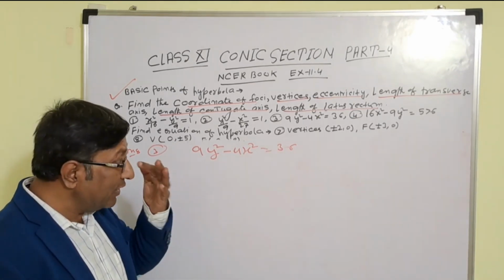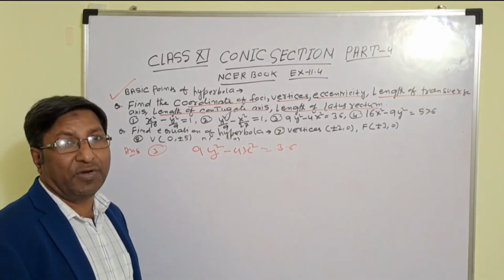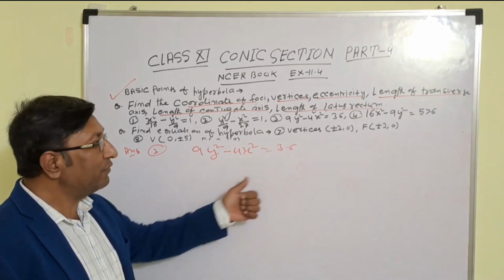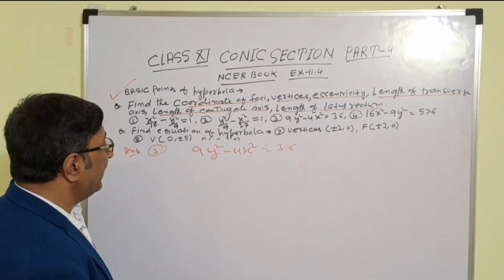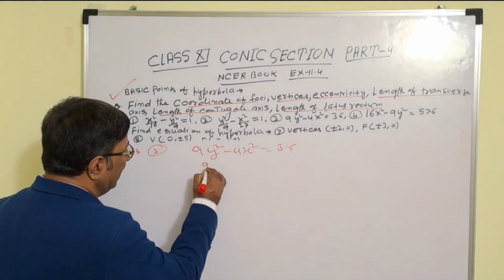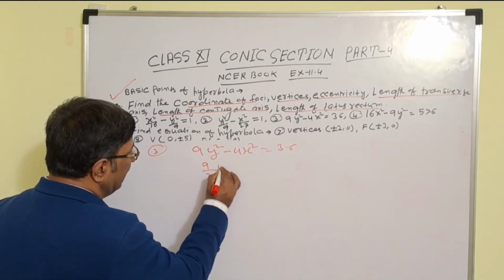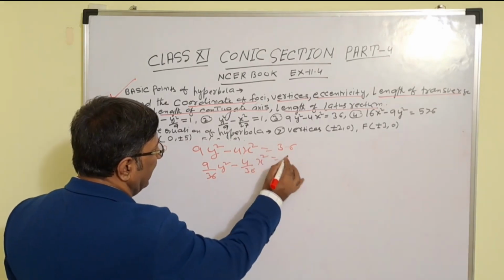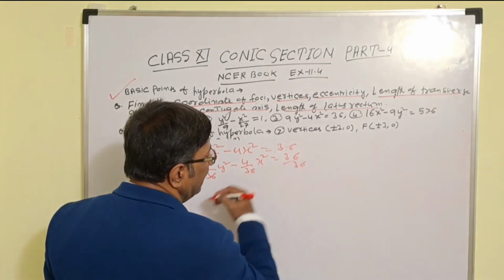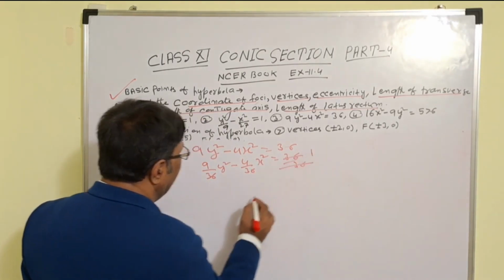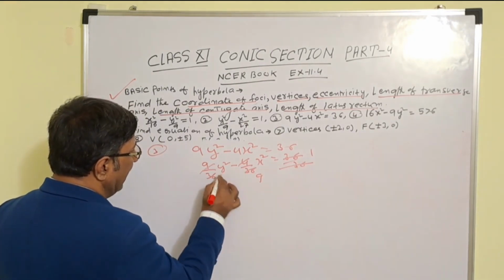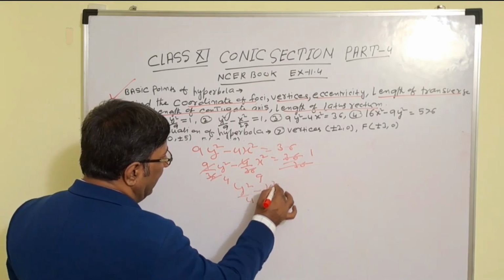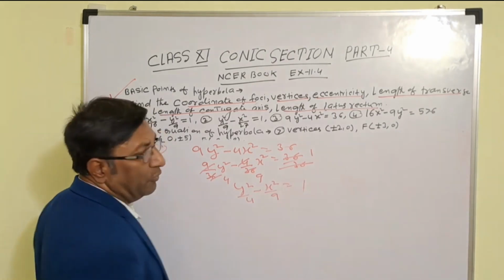So first, convert the given equation into the standard form. Divide both sides by 36. We get 9 by 36 y square minus 4 by 36 x square equal to 36 by 36. Cancelling, we get y square by 4 minus x square by 9 equal to 1.